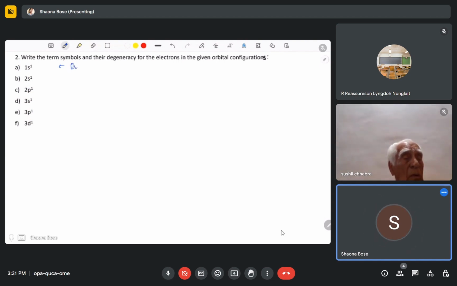These are written in orbital configuration. Just like when we say that some atom has atomic number 23 or 13, and you start writing 1s2, 2s2, like that. This just stands for that, nothing else.